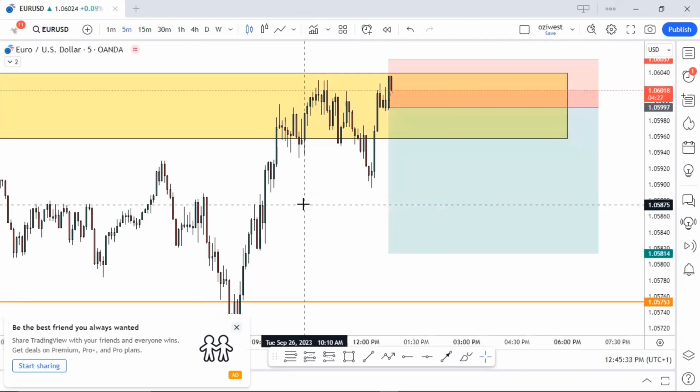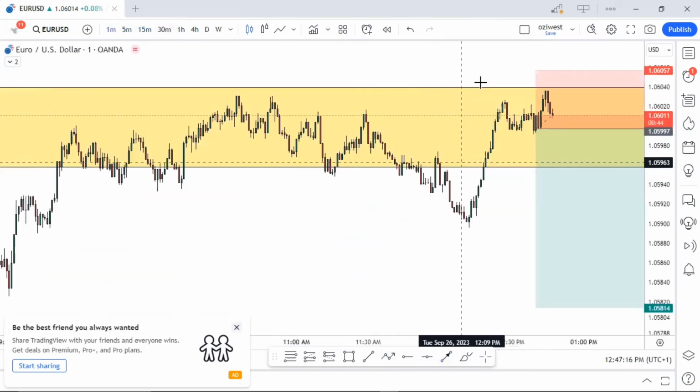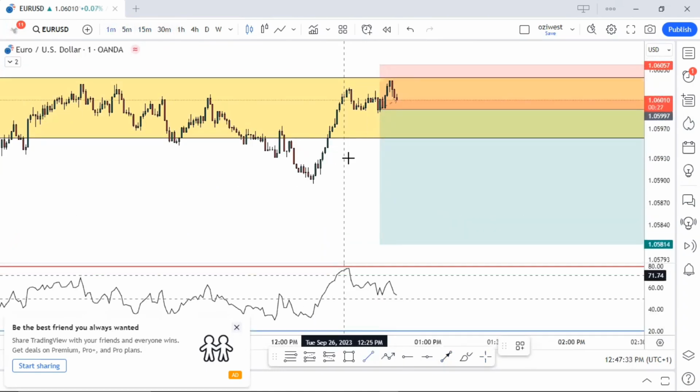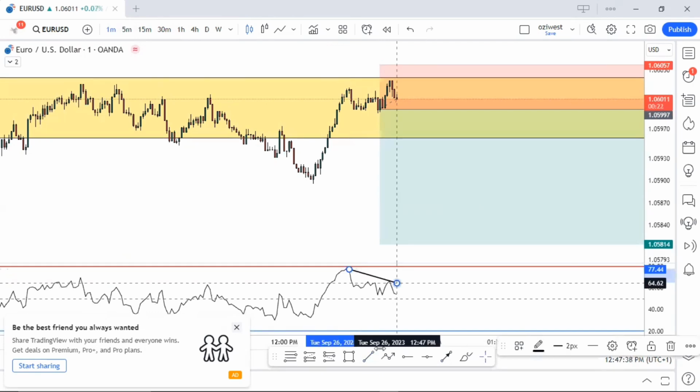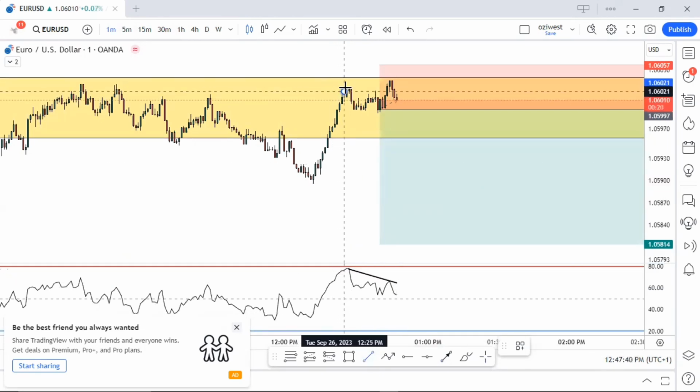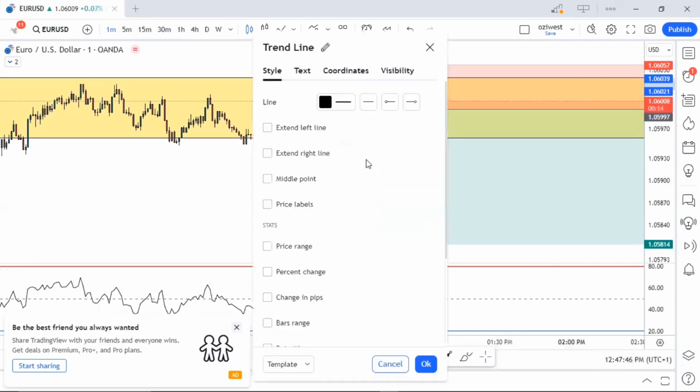It's hitting stop loss, like his stop loss. I'm seeing a bearish divergence on the 1 minute time frame.